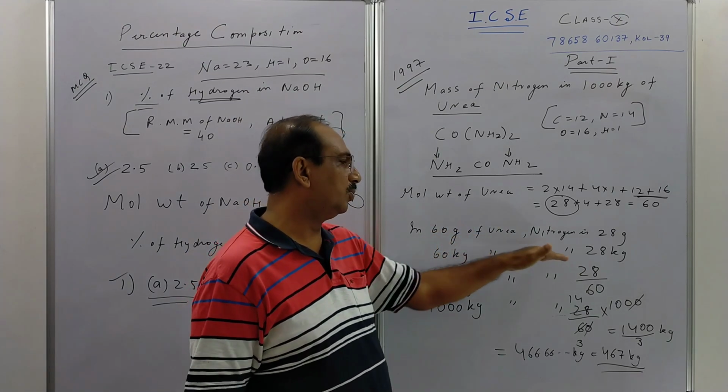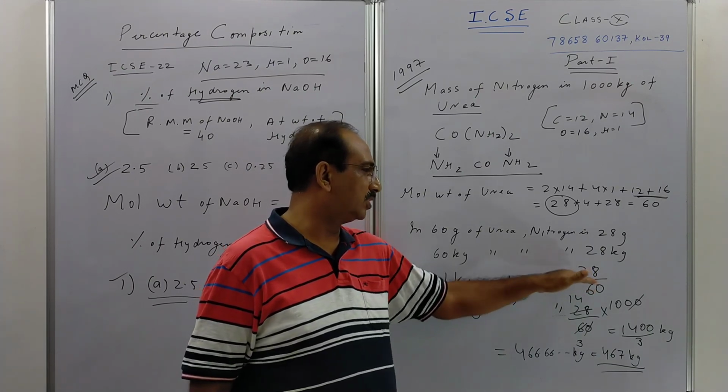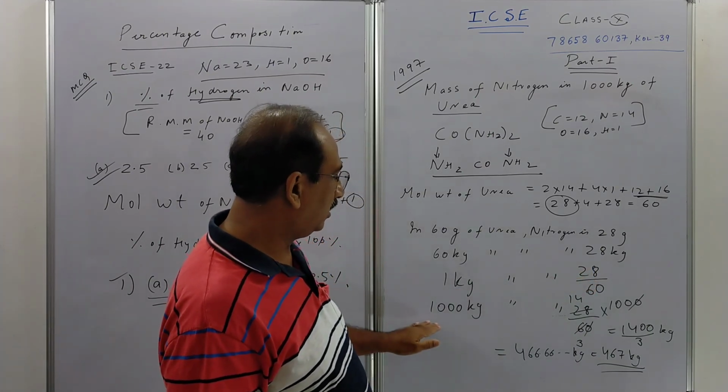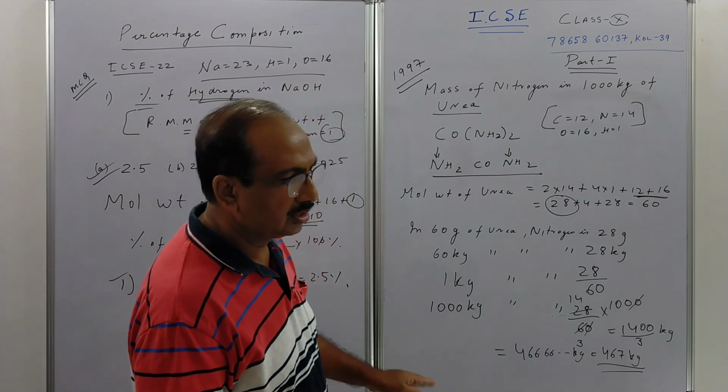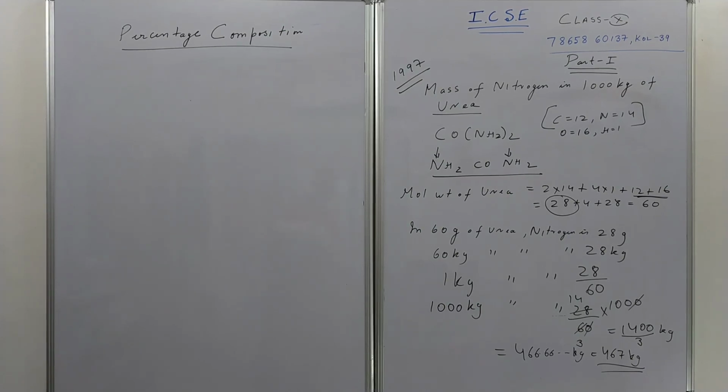We convert it to kg. 1 kg of urea will have this much nitrogen and 1000 kg will have this. So another way we could have done, children, is by percentage. So next we can do, let this be called method 1.